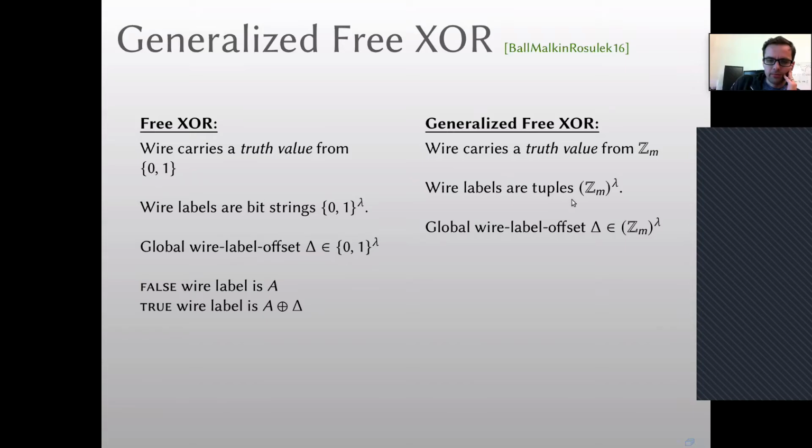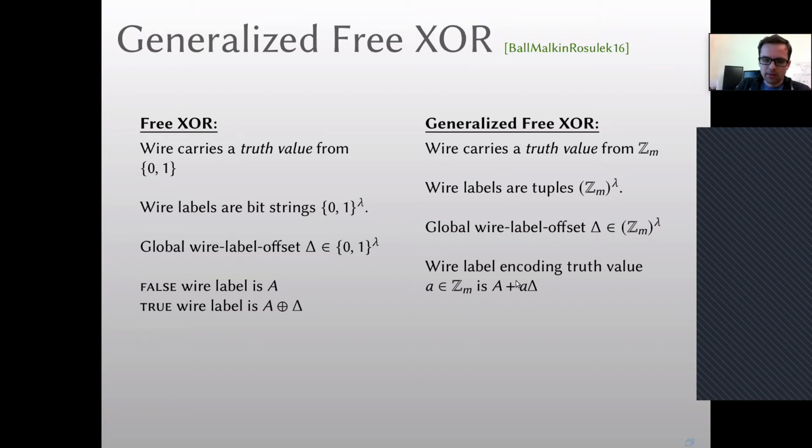Then you could let wire labels, instead of being strings of bits, be strings of integers mod m. And if wire labels are strings or tuples of integers mod m, then their offsets would also be a string of integers mod m. And we could encode different values using related wire labels. So there's a wire label A, and then there's A plus delta, and then A plus 2 delta, A plus 3 delta, and so on.